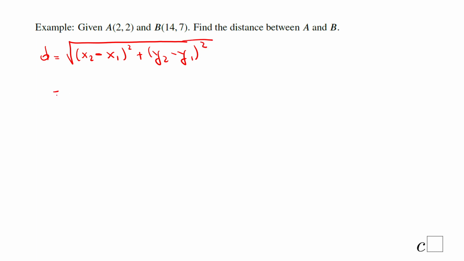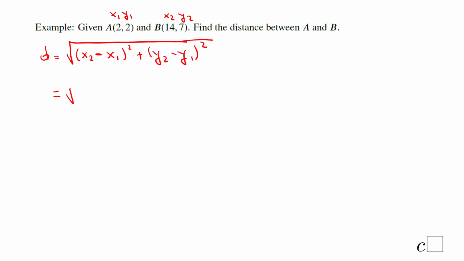So let's see now. I will suggest you label the points like this: x1, y1, x2, y2. If you start with x2 and y2, that's okay, just be consistent. x1 goes with y1 and x2 goes with y2.